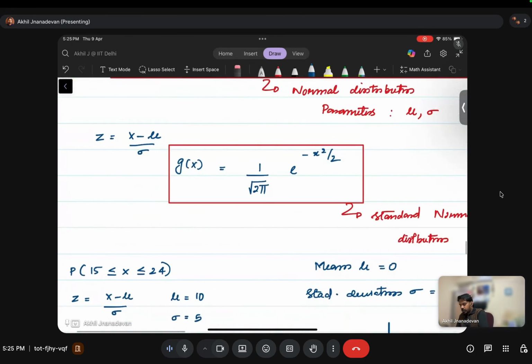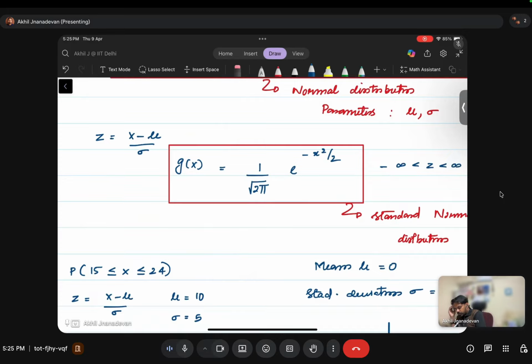Then this is also defined for minus infinity less than z less than infinity, and this is the standard.